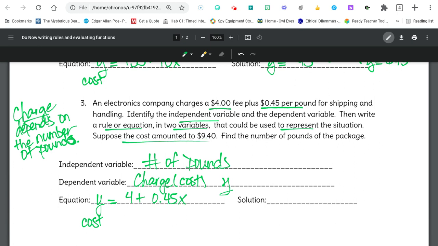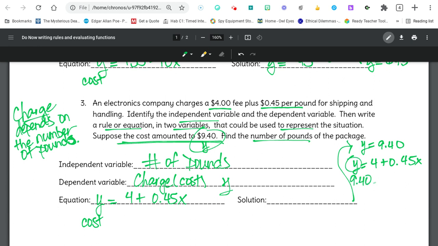It says, suppose the cost amounted to $9.40. Find the number of pounds of the package. Okay, so this would be a Y because it's the cost. So I'm going to write my equation. I'm going to change Y to $9.40.